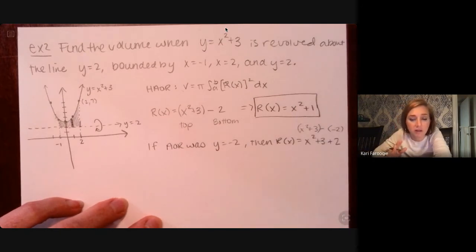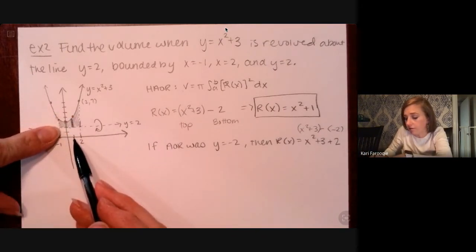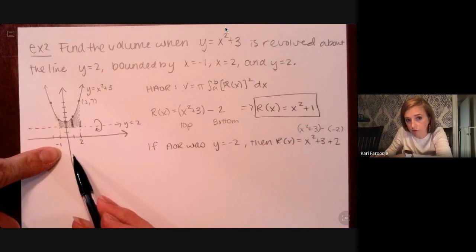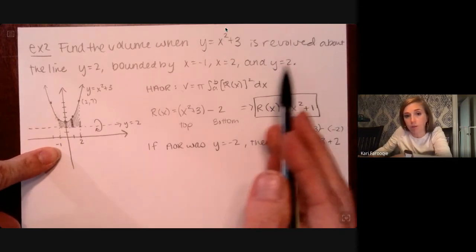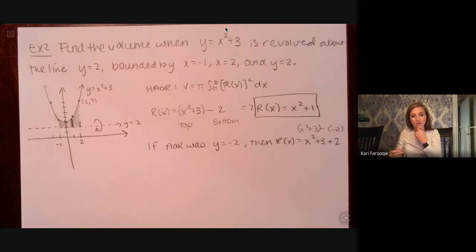You would still be taking top minus bottom. I do feel, though, that that would be slightly more intuitive just because you would be covering the whole distance to the x-axis, and then you'd be covering 2 more units. I mean, assuming that I bound you at -2 instead of +2. Otherwise, you'd have a washer.